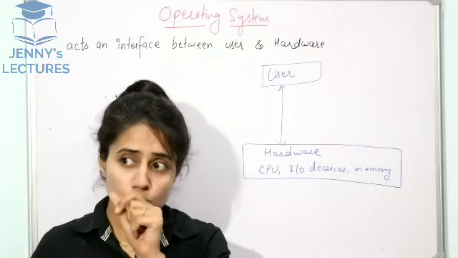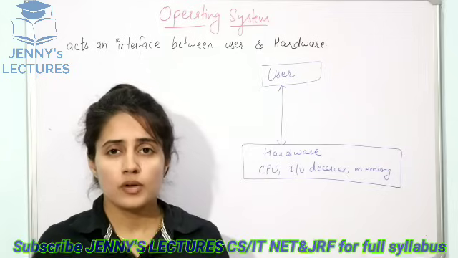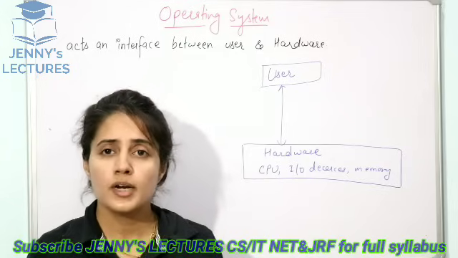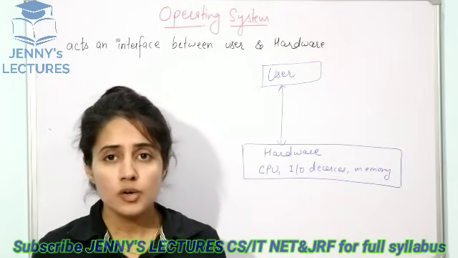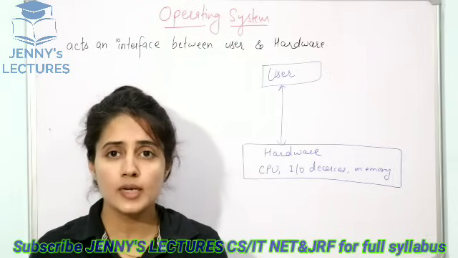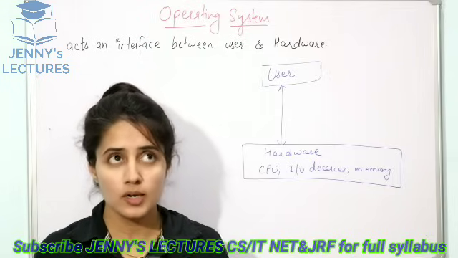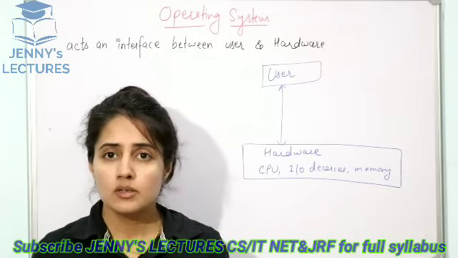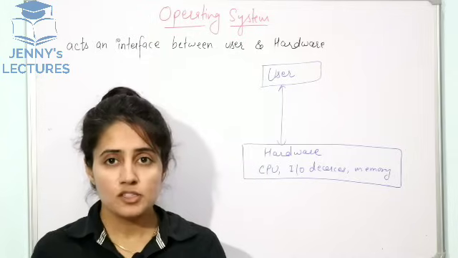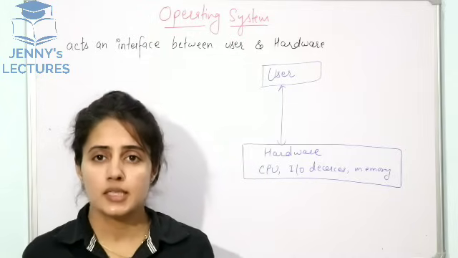So why the switch? Everybody doesn't know how to handle wires, but even a small kid knows how to use the switch. So that switch is an interface between user and that hardware, the fan. In simple terms, interface makes things easy.